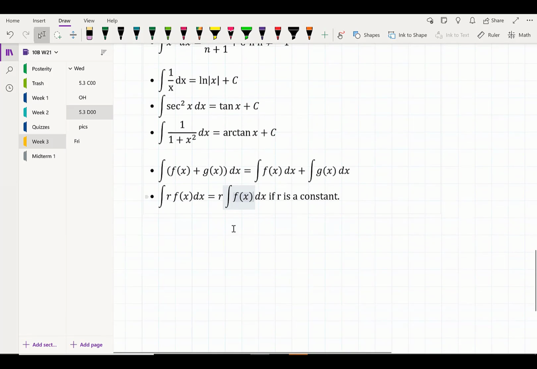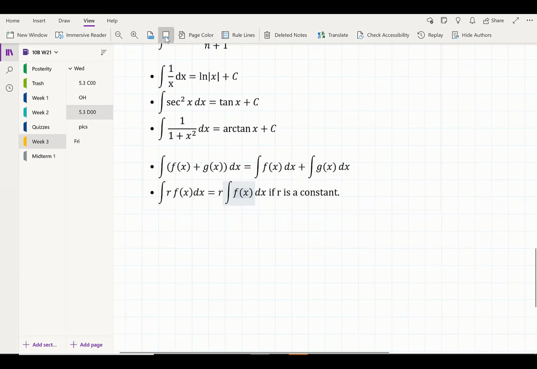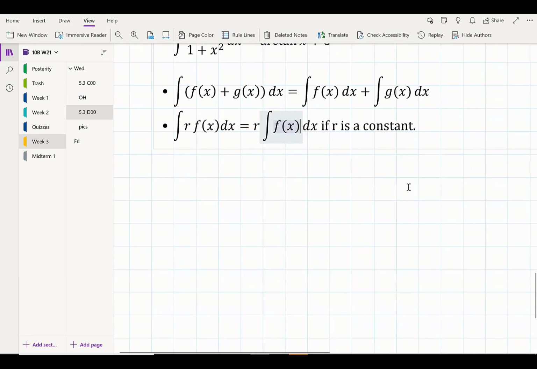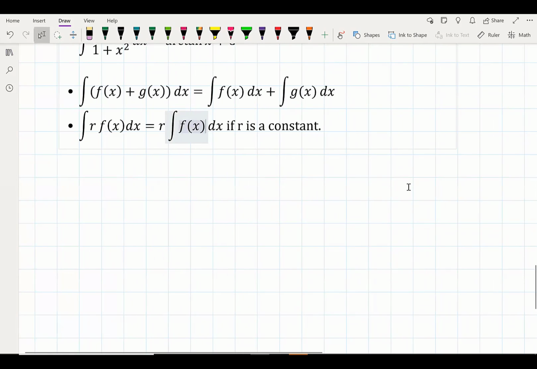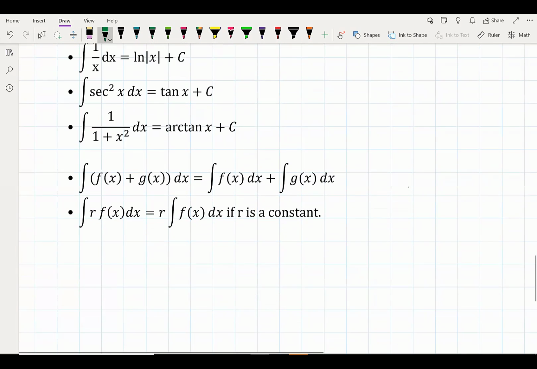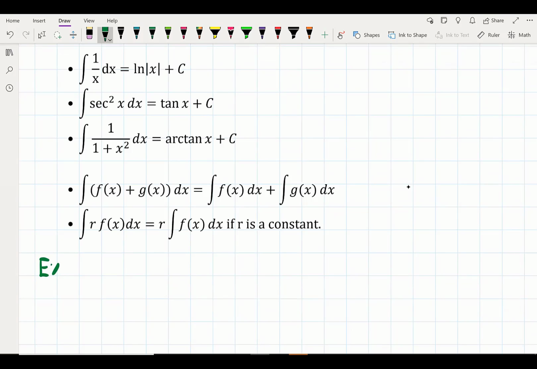So here's a quick example of what I'm talking about. If we wanted, say, the antiderivative of x plus x squared dx, according to our new formulas, this would be the antiderivative of x dx plus the antiderivative of x squared dx. We can evaluate both of these.